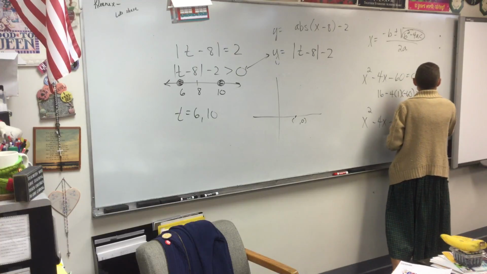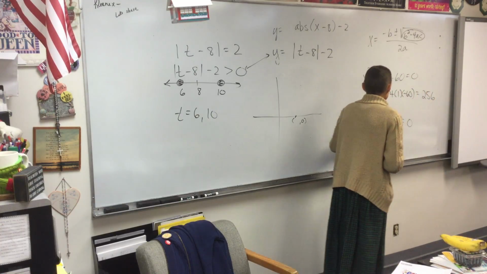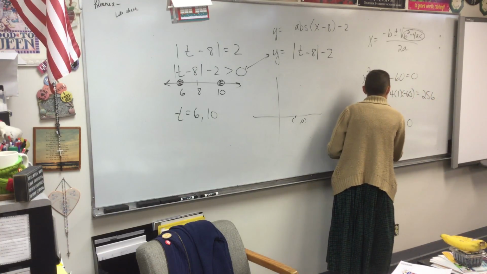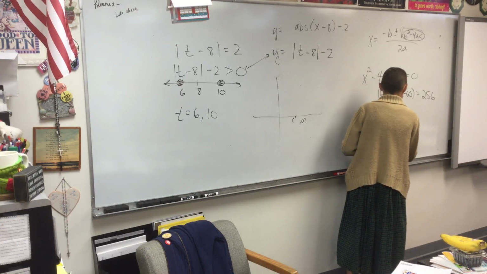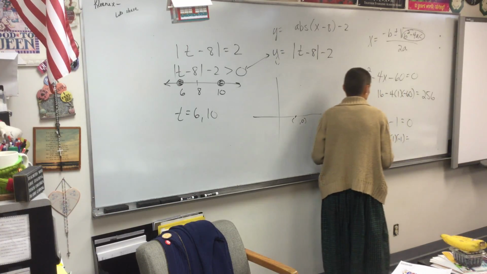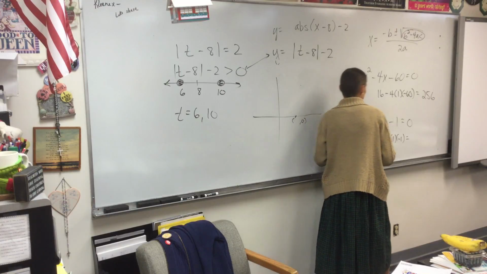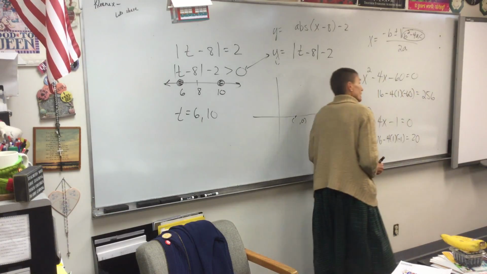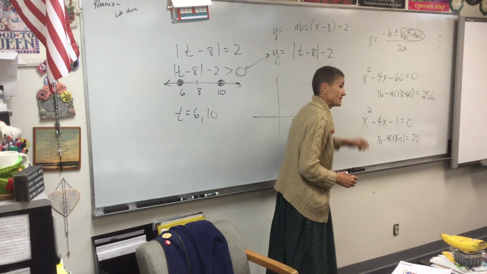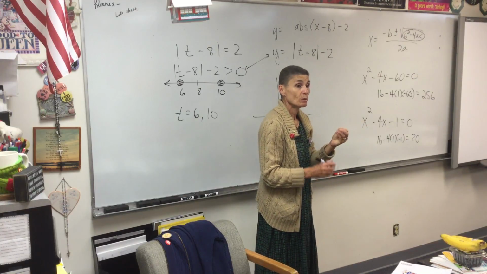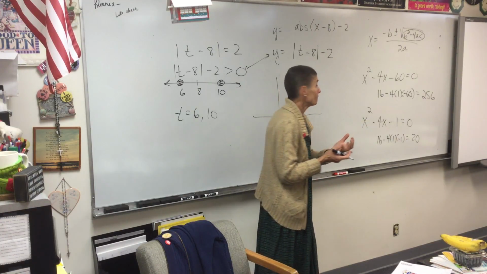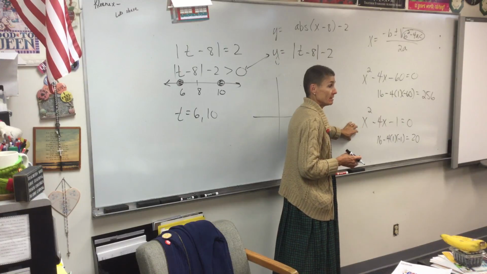Thank you. Now, what's this one? B squared minus 4ac. What's that one going to be? 20? Now, believe it or not, these problems look very similar, but there's a big difference between what your answers are in this problem and this one.